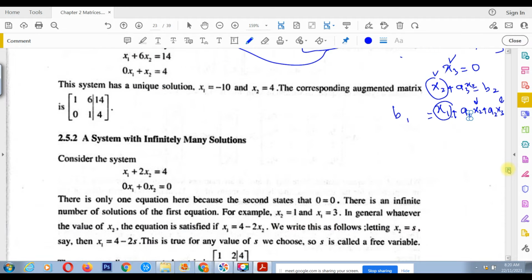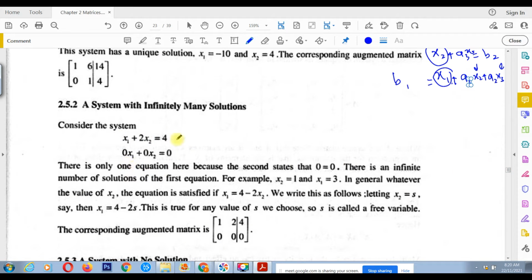The system will have infinitely many solutions if this happens. Meaning, if we find the matrix, we have 1, 2, and then 4, and 0, 0, 0. So if you have any matrix A1, A2, usually it is 1.